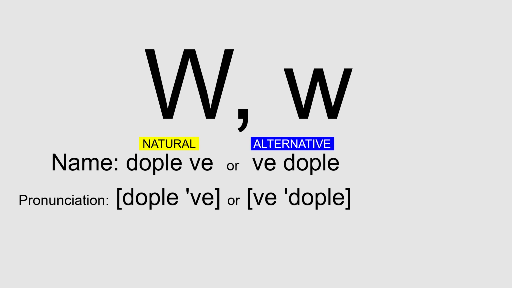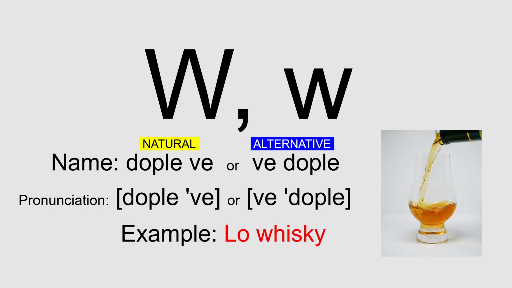So in English we have W, and in Romance languages and in Neolatin we have double V. Here we have double V, which is what Romance languages typically say, and the alternative V doble. Both forms are officially mentioned in the grammar guide. Lo whisky. The whiskey.